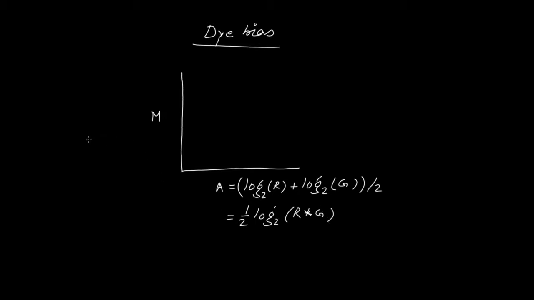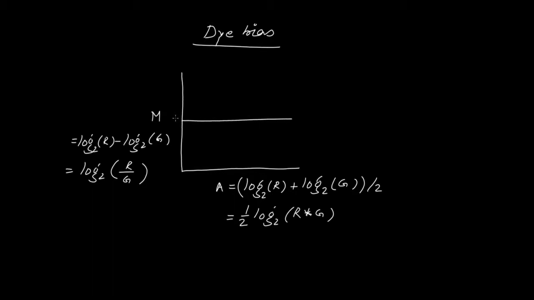And the log ratio M is basically log 2 R minus log 2 green, which is nothing but log 2 of R by green. On the y-axis there will be a value 0, and all the values above this are plus and below this are minus.